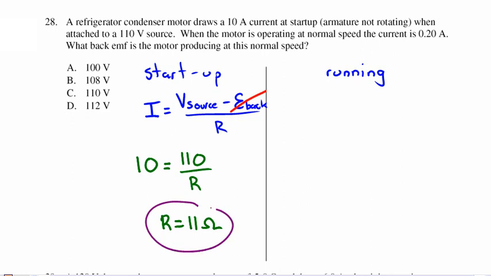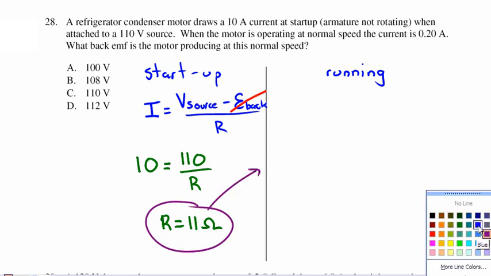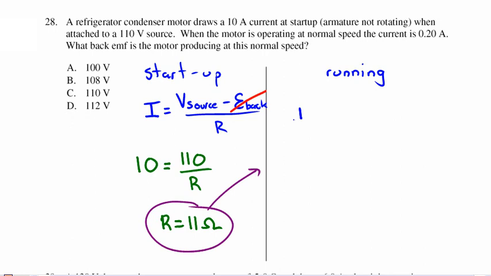So I'm going to take this information now and take it across over to the running side. Same idea. We've got this Ohm's law variation. The I is equal to the source voltage, which won't change. That's that 110 volt source, minus any back EMF because the motor is spinning, divided by the resistance of the motor.